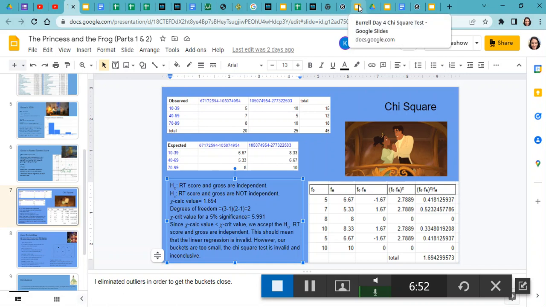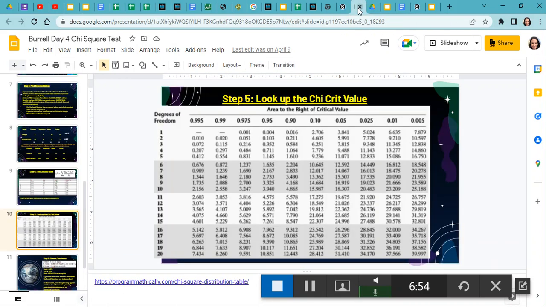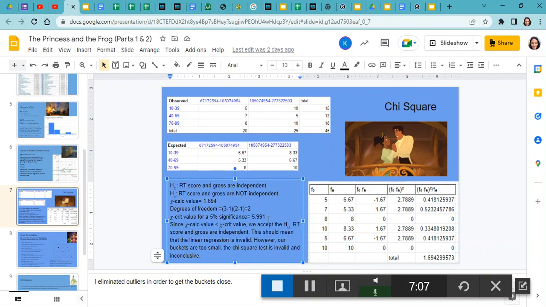I think I have them here. Okay, and we're looking for 2 degrees of freedom and 5% significance. So looks like 5.991, and that's here. Those notes will also help you remember how to compare your chi-calc and your chi-crit.